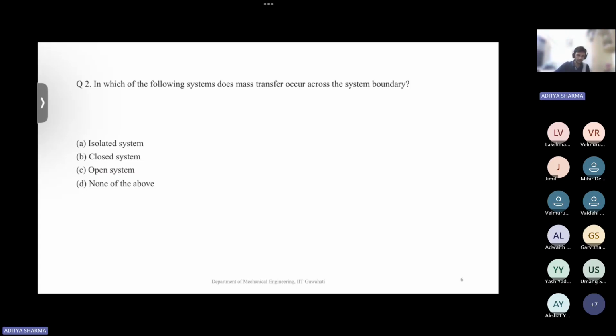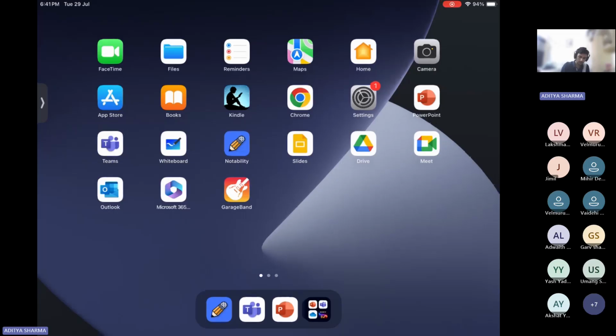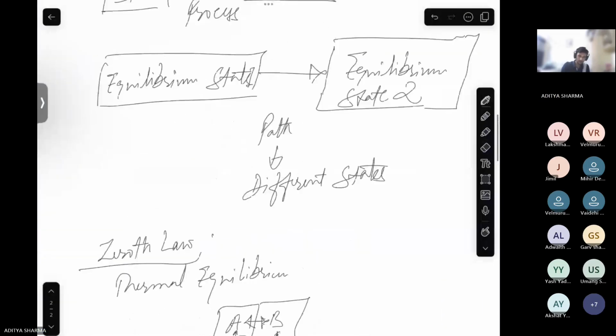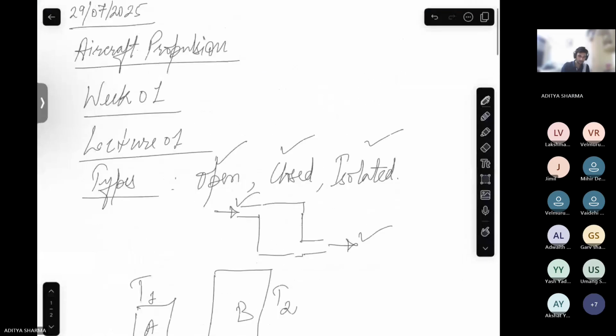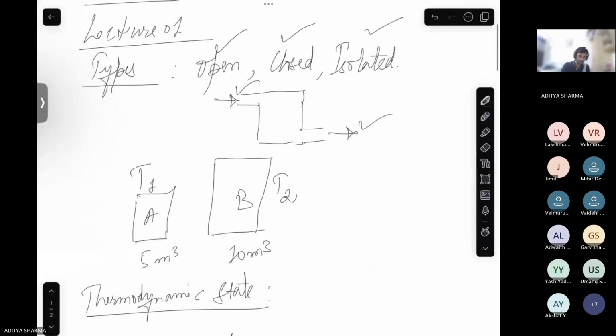So I have discussed these different types of systems, right? Here I was discussing this. I have given an example of a flow process, okay, with an inlet and outlet.